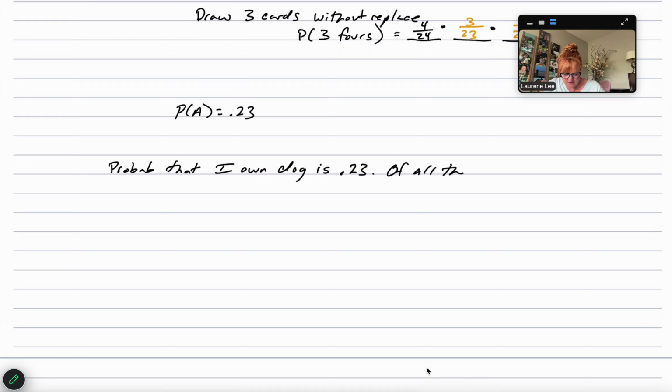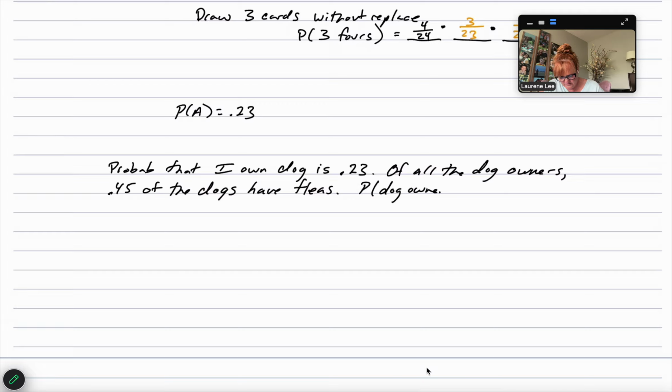Of all the dog owners, 0.45 of them, of the dogs, have fleas. What's the probability that I find a dog owner whose dog has fleas?